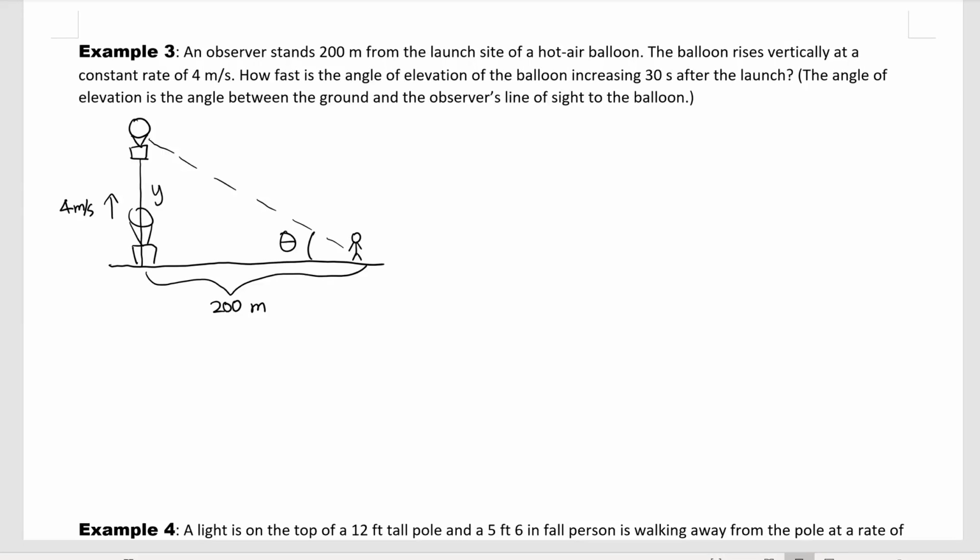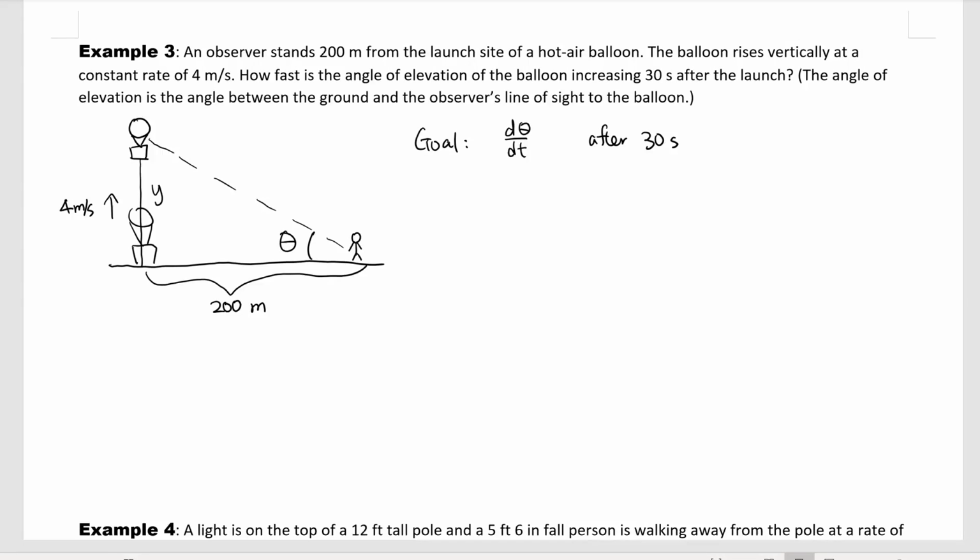And what are we looking for? How fast is the angle of elevation of the balloon increasing? So we're looking for the rate of change of the angle, after 30 seconds. This is our goal. We want to relate the angle theta, y, and the 200 meters.